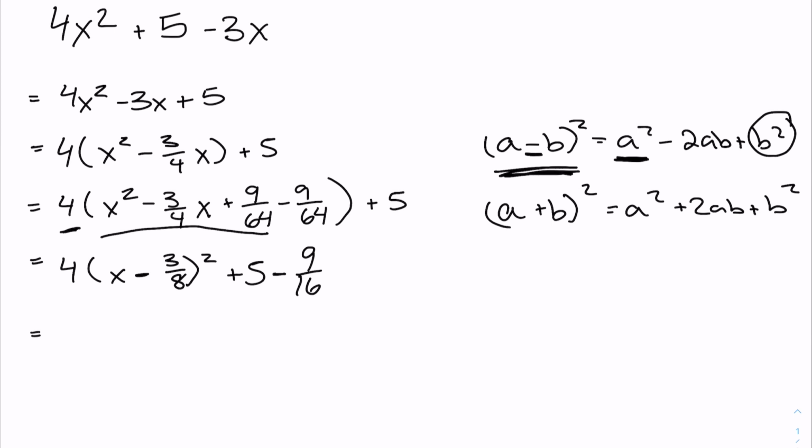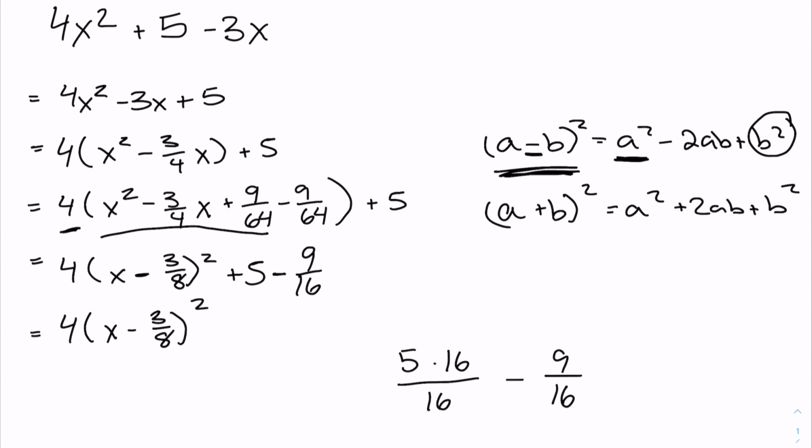Now that it's outside of the bracket, there's only one step remaining, and that is to gather like terms. So these are both constants, so we can add them together. So when you're adding fractions, what you need to do is get a common denominator. So to do that, we're multiplying 5 by 16 over 16. And we can do that because 16 over 16 is the same thing as 1.